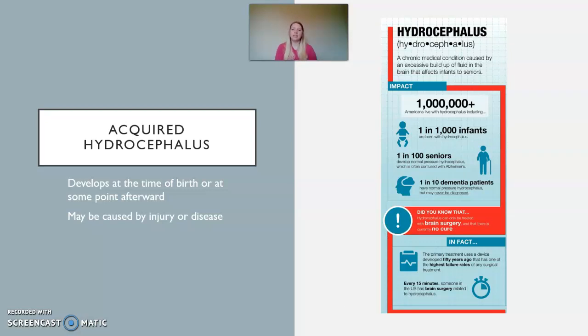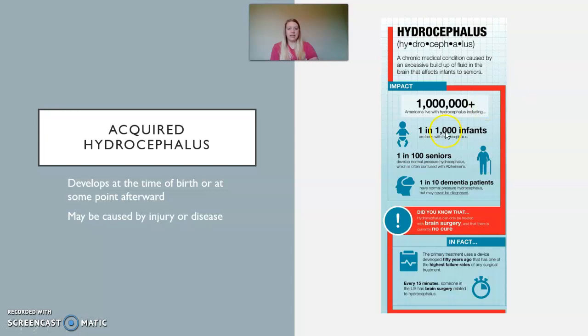So next is acquired hydrocephalus. Now this is developed at birth, or it could develop later on in life, and it may be caused by an injury or disease. So I have this illustration here I found on the Hydrocephalus Association website, and it just basically describes how common it is.